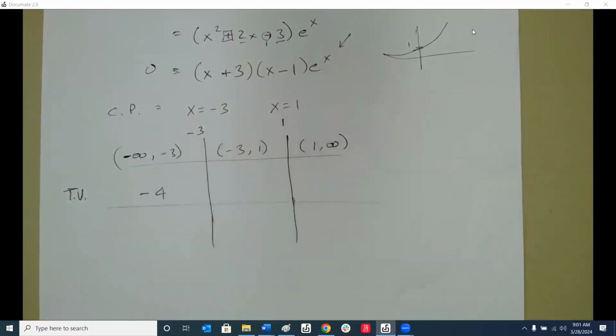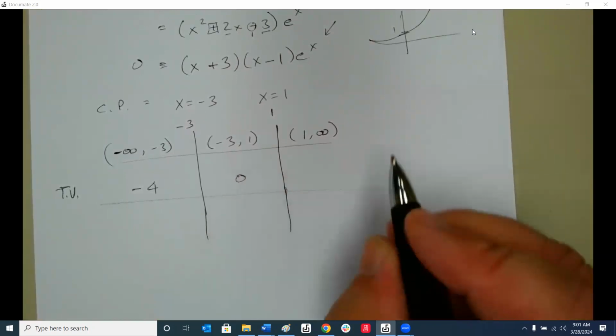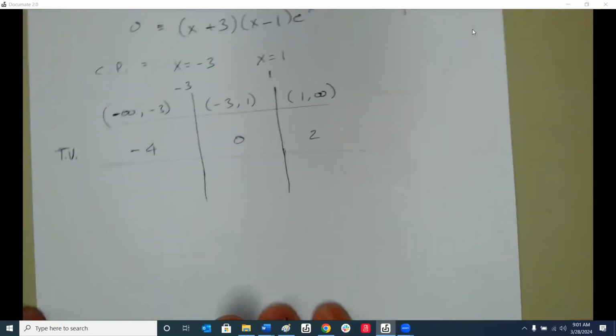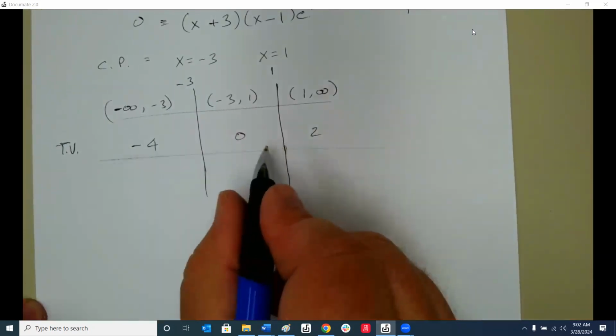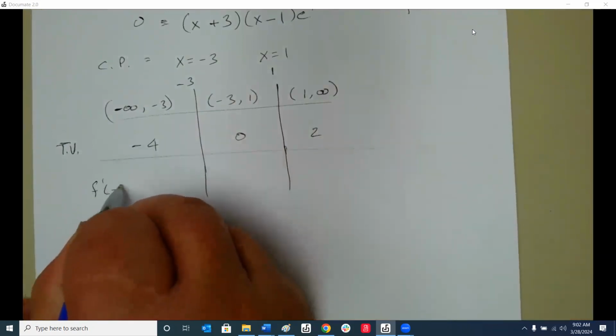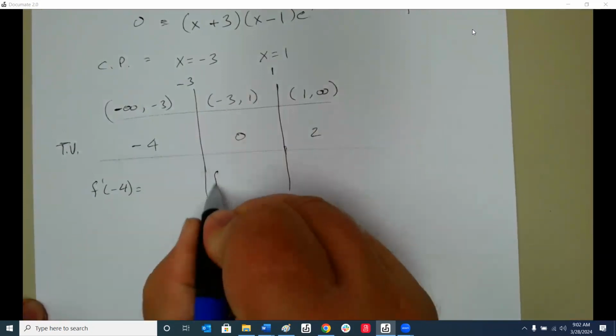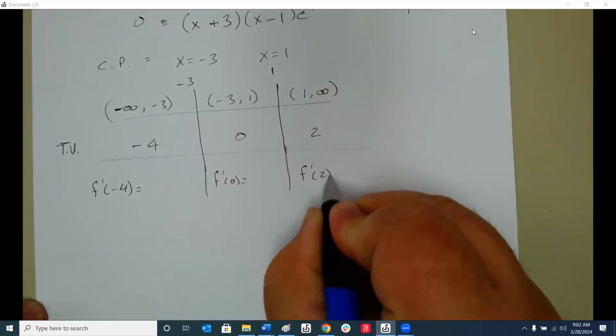Because it's not a fraction, it won't matter. How about the next one? 0 and 2. Which function do we plug those in on? The derivative, right? So f prime at -4, f prime at 0, f prime at 2.